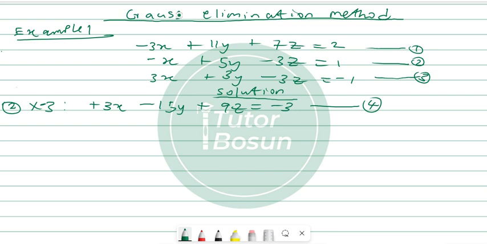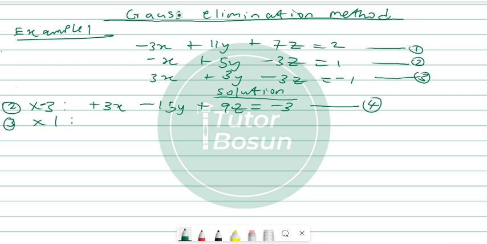Then what about your equation 3? How do you modify it to be similar to equation 1? As you can see, you don't need to do any modification here. It's already matching. You have minus 3x and you have plus 3x, so you can just add both, then it will eliminate. But let us see equation 3 times 1. It will still remain the same.